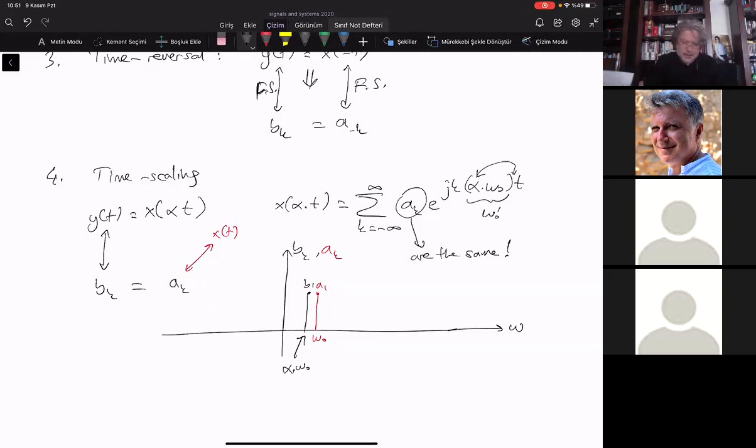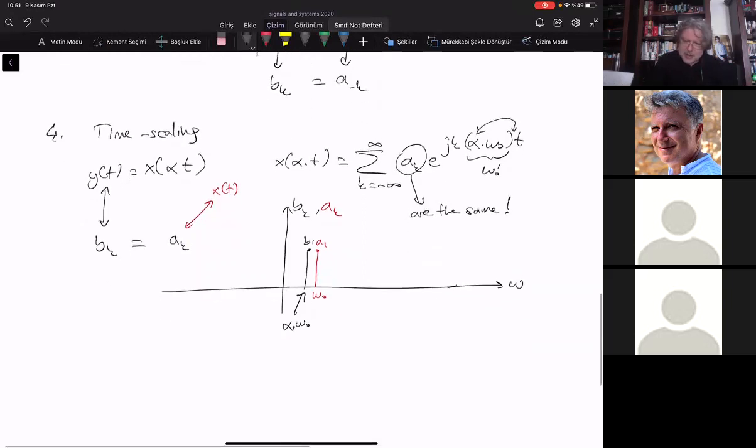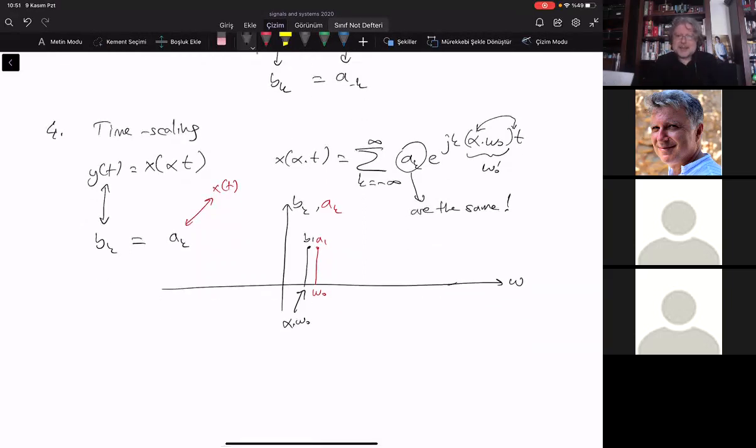Okay. How can I write this? How can I put these in words?